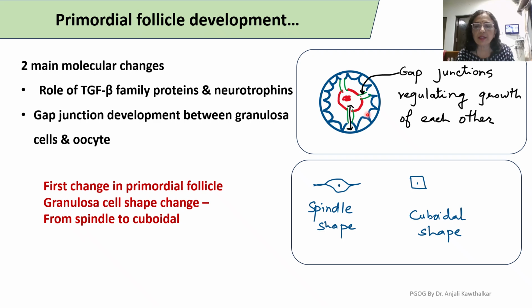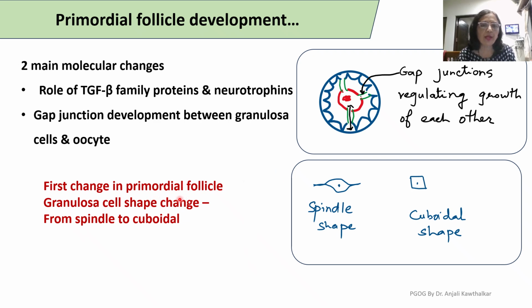It is also another example of the paracrine mechanism: one cell is the oocyte, the other cell is the granulosa cell, and they regulate each other with the help of these gap junctions. That is why it is an example of the paracrine way of regulation of cell metabolism and cell development.